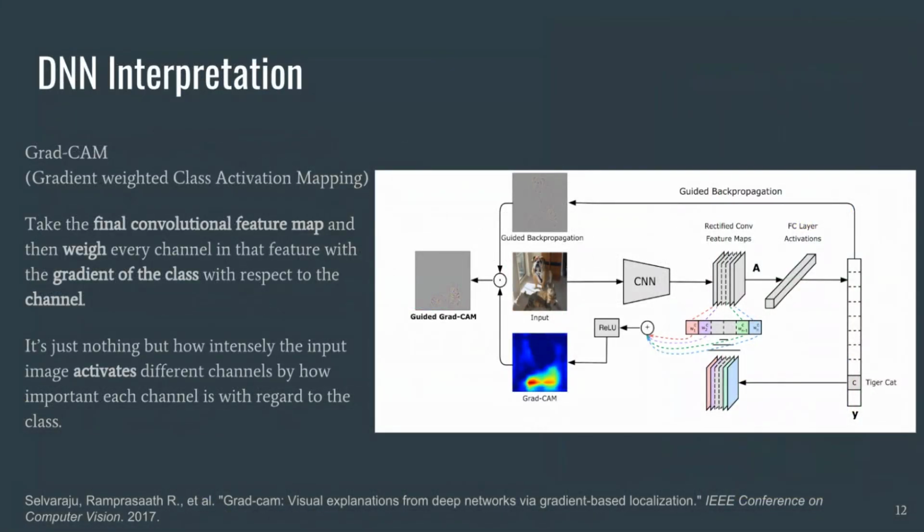So you find a gradient, find the average, and then multiply that average of the gradient by the activation map. You come up with weights. Again, you filter it, keeping only the positive side, and you come up with that heat map there, which shows the regions that are mostly affecting the decision.